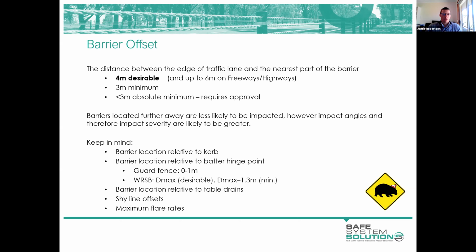There is a list of requirements, things you need to think about if you're looking to adopt an offset of less than 3 metres, and things that you ought to be doing to mitigate the risk of going to that. So maximum lengths at certain offsets, providing refuge bays and so on. So there is an approval process, certainly in VicRoads.